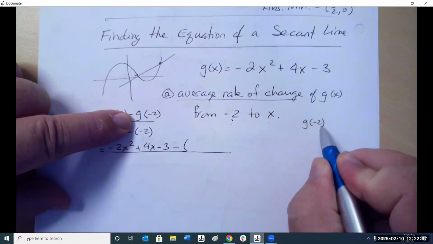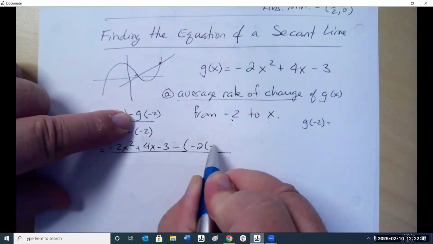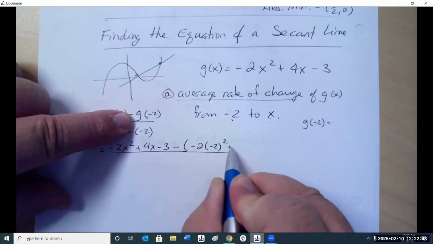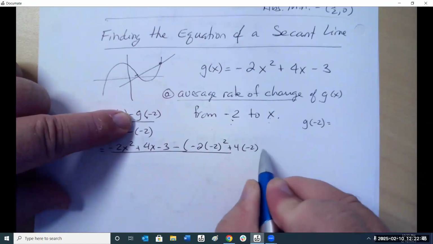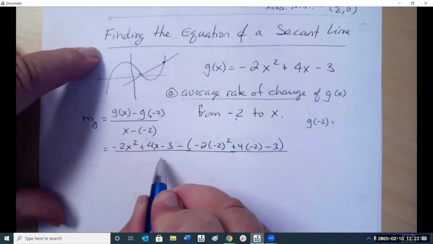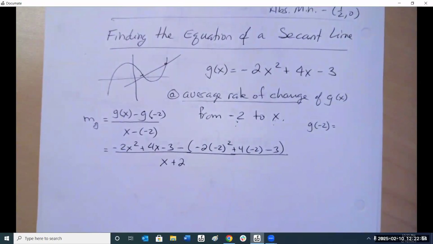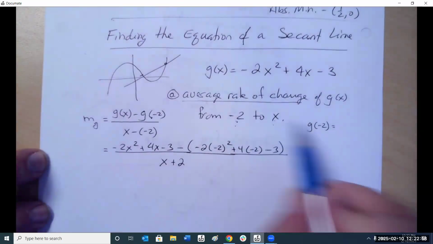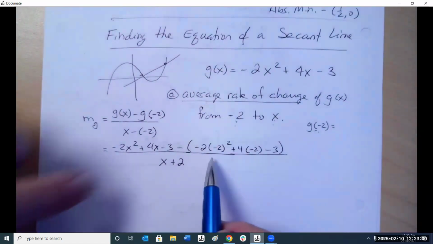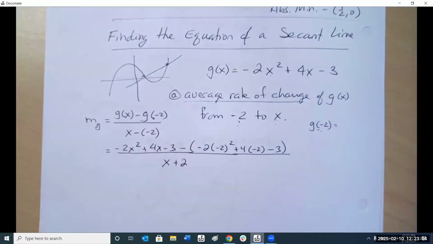So g of -2 is -2 squared, 4 times -2, minus 3, over x plus 2. Here's g of -2, I just plugged it in. Put -2 in there and -2 in there.